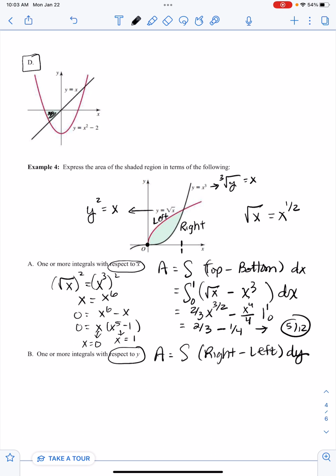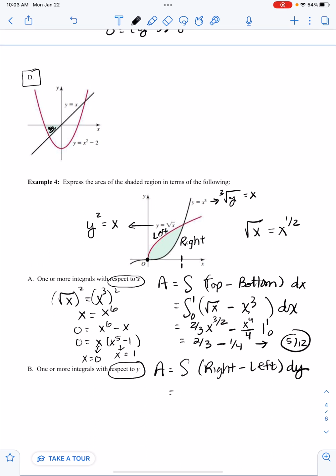Once again, we need to find out how tall we're going here. We know where our lower limit is going to be 0 again. We want to figure out how tall we're going. We could use part A, what we did, since we already have the x values. So we want to know what happens with like x equals 1, what the y value is.